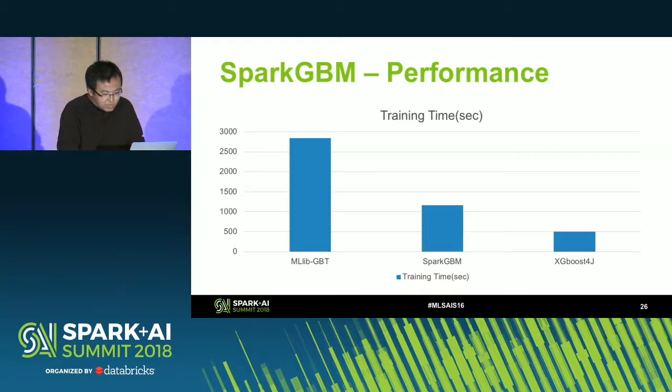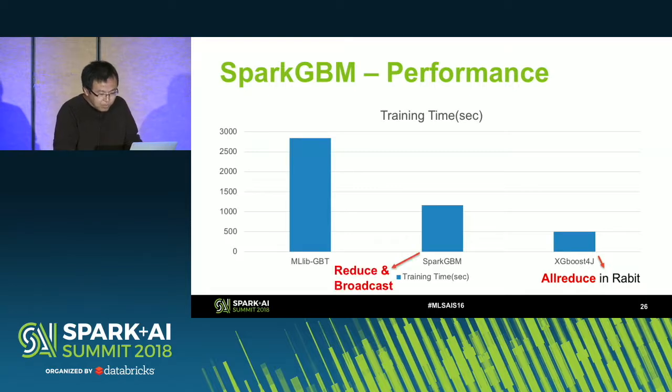However, it is still twice as slow as XGBoost. We dug into the case and found that one important reason lies in the model updating scheme. Rabit uses allreduce to update the models, which is more efficient than the reduce and broadcast style in Spark.